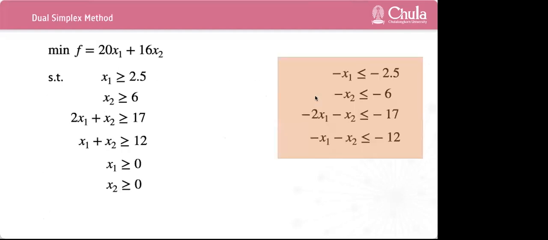Okay, so from the idea of duality, we can further expand the concept of the simplex method. We call it the dual simplex method. This one is quite useful, because the dual simplex method can deal with any type of linear programming problem.